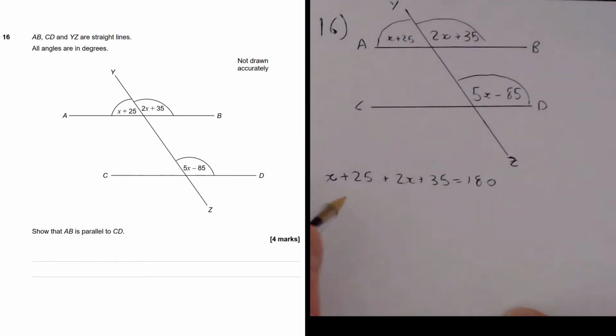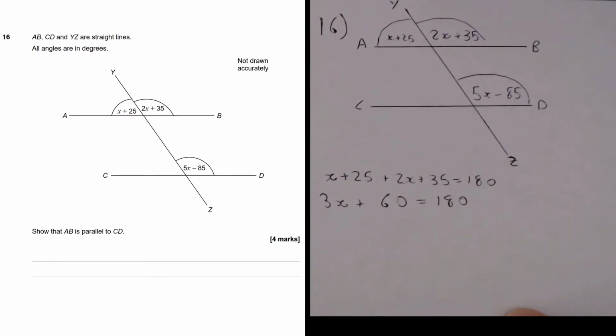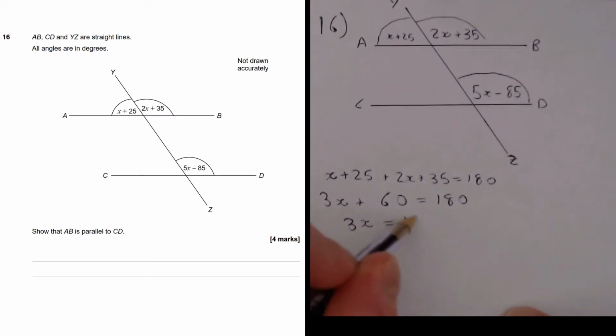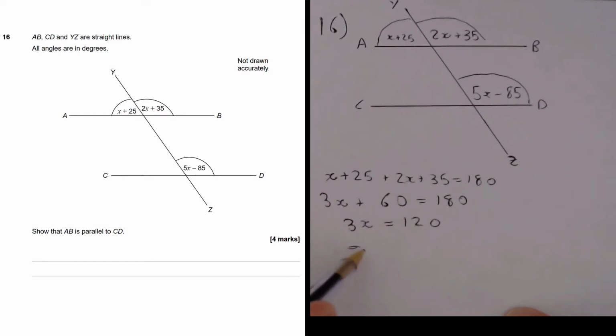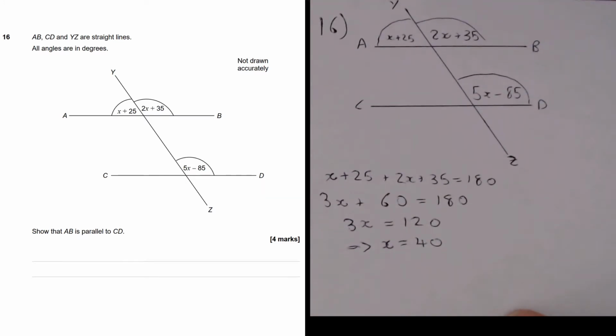If we clean this up a little bit, we're going to get x plus 2x gives us 3x, plus, and then we've got a 25 plus a 35, and that is going to give us a 60, and that equals 180. If we take 60 away from both sides, we get 3x is equal to 120, and this tells us that x equals 40.